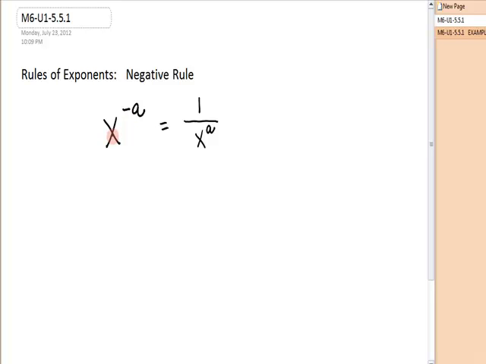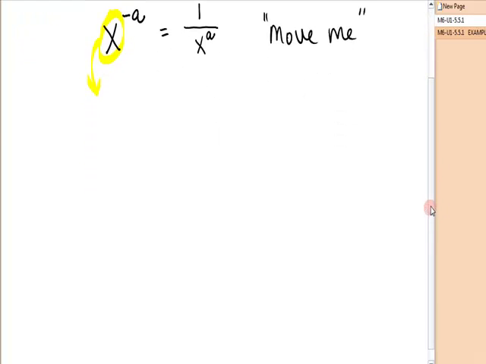It's as if it told you to take this base and move it down below a fraction line. Although it's not very mathematical, what I remind students is that a negative exponent says move me. Move the base across the fraction line.